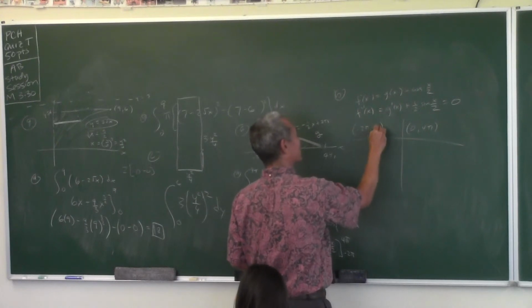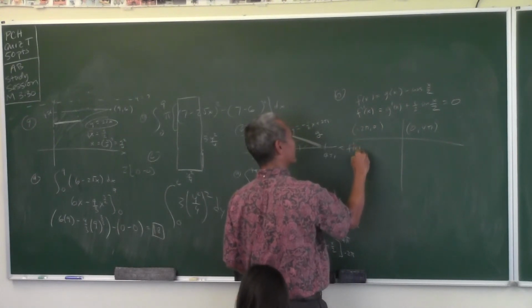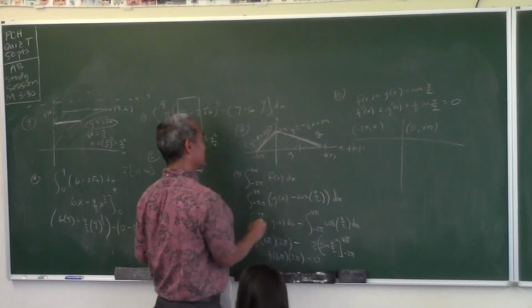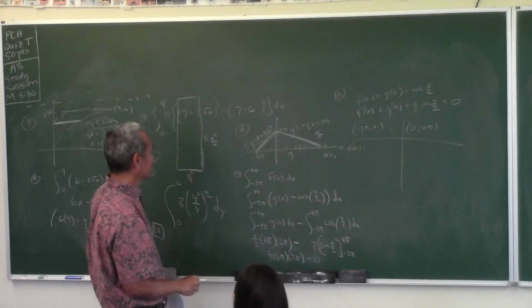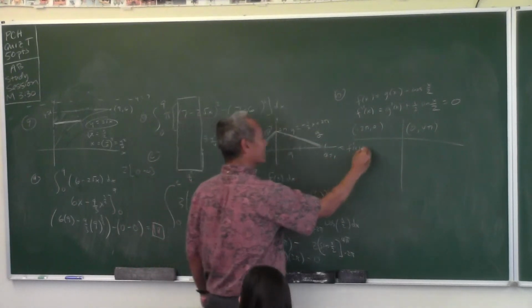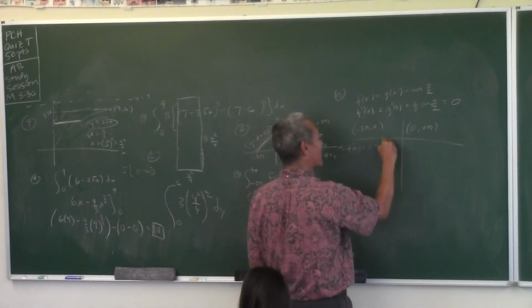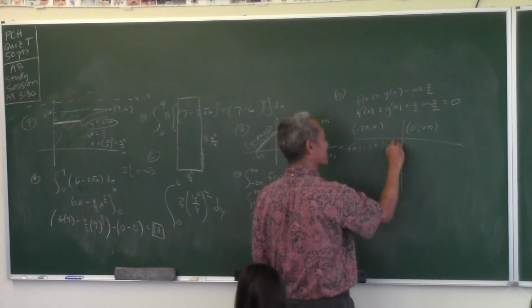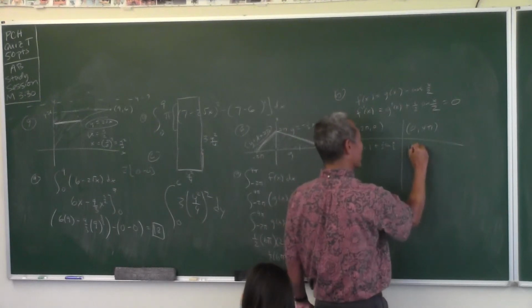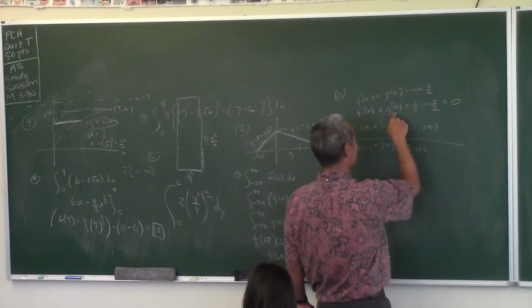Okay, so from negative 2 pi to 0, what is the derivative? G prime of x. Now, if this is g, what's the derivative of that? 1 plus 1/2 sine x over 2. Now, from 0 to 4 pi, the derivative is going to equal g prime of x.